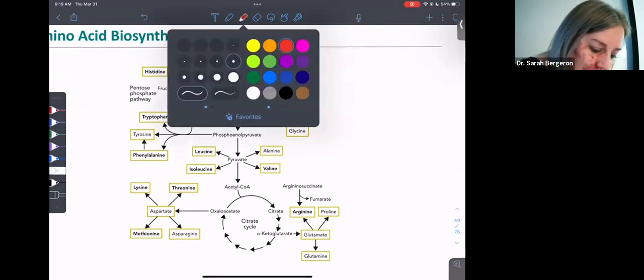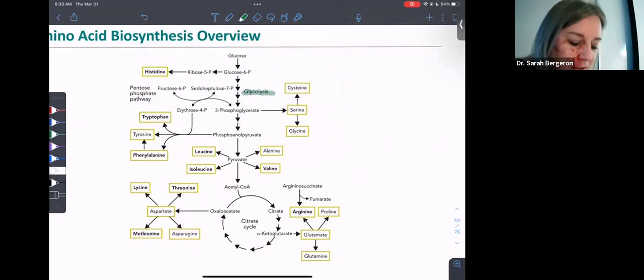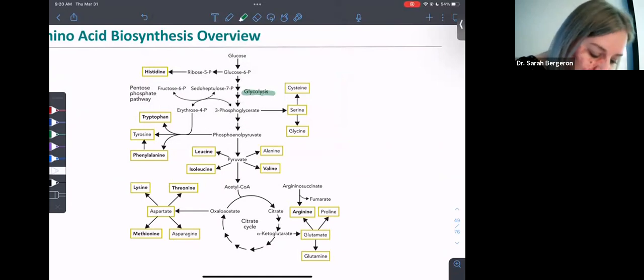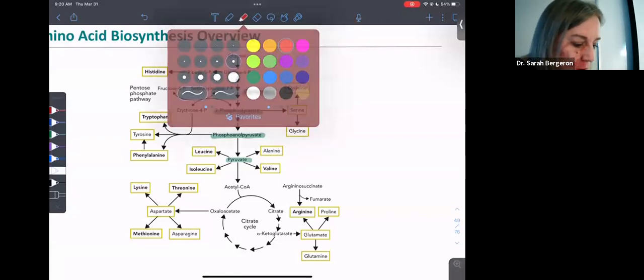Glycolysis, what do you say is green? Glycolysis is green. Okay, so which were the intermediates for glycolysis? 3-phosphoglycerate. What else did we have? Phosphoenolpyruvate and pyruvate. Okay, now what was red?